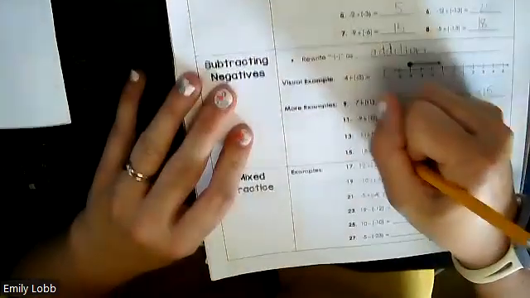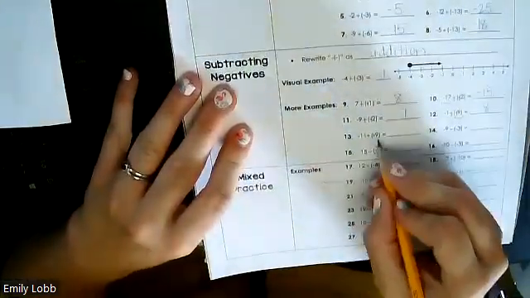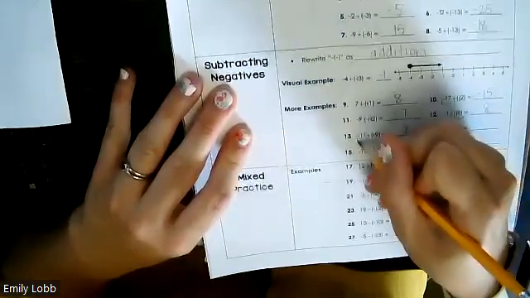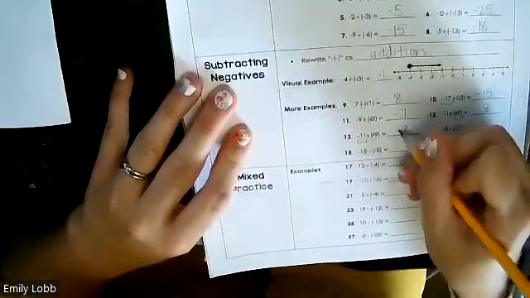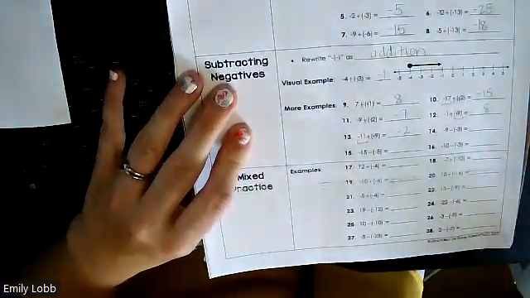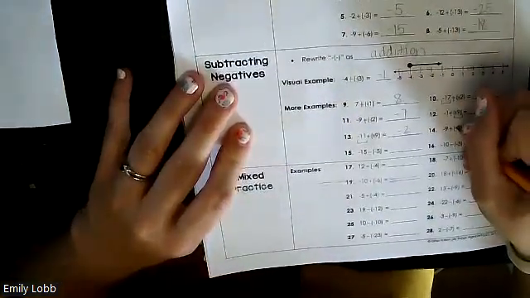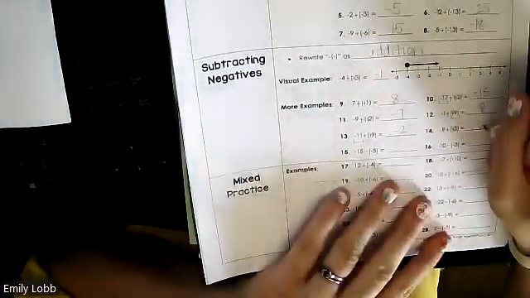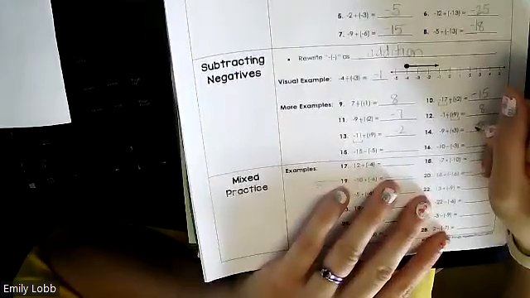Here we're going to switch again. 11 minus 9 is 2, but I had more negatives. So my answer is negative. Switch here. 9 minus 3 is 6, and I had more negatives again.